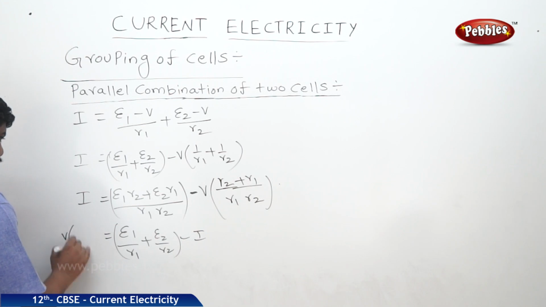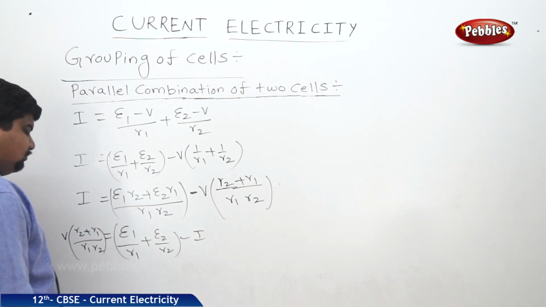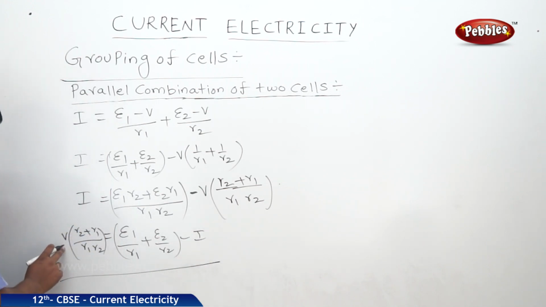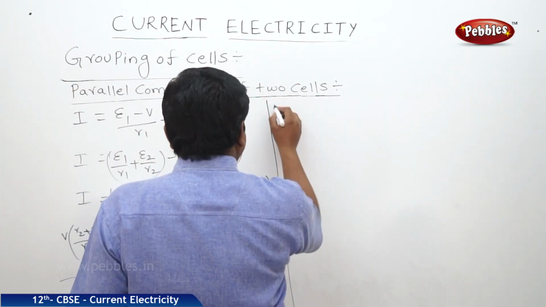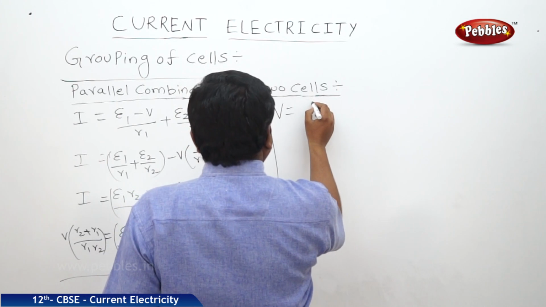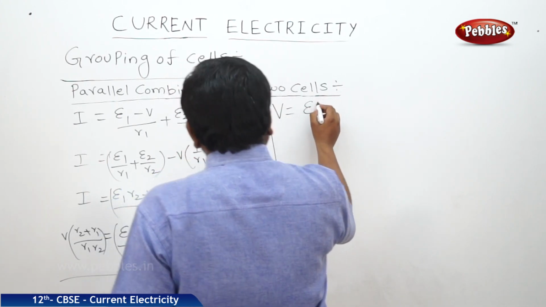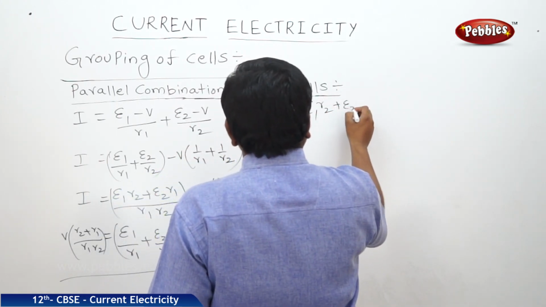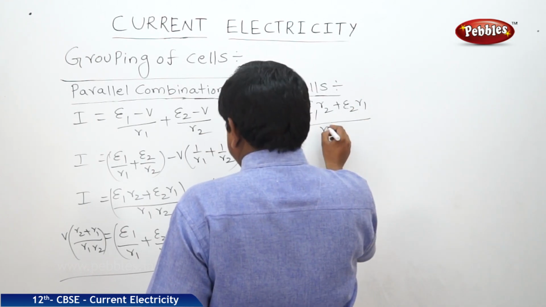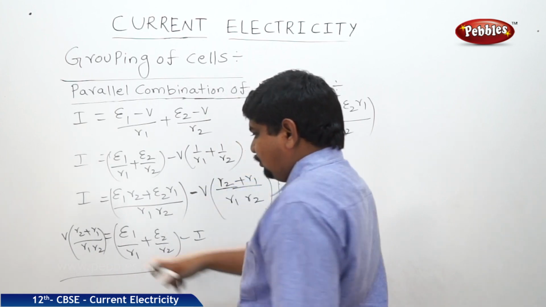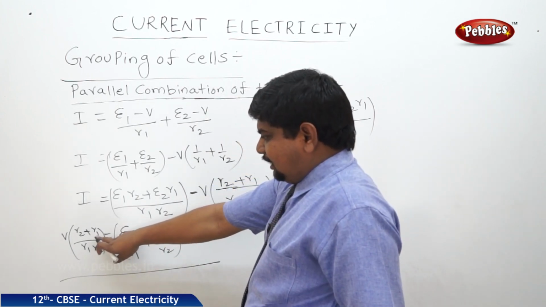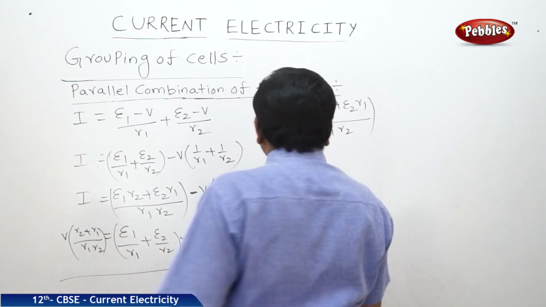This is V into R2 plus R1 by R1 R2. Now we will find out V like this. Therefore V is equal to E1 R2 plus E2 R1 by R1 R2, whole divided by R2 plus R1 by R1 R2.